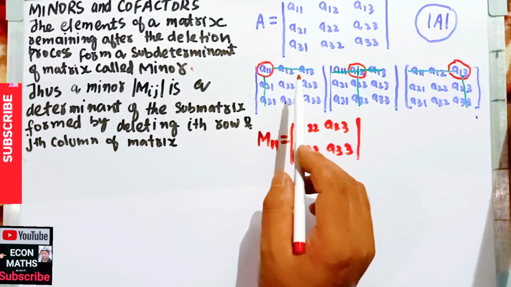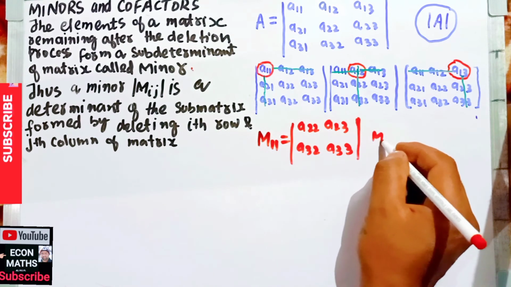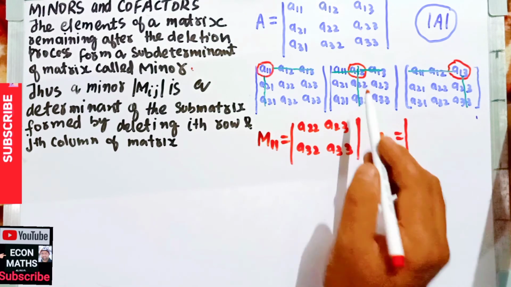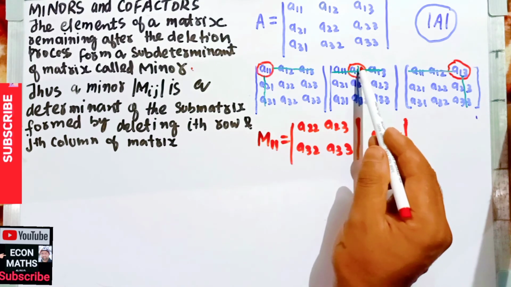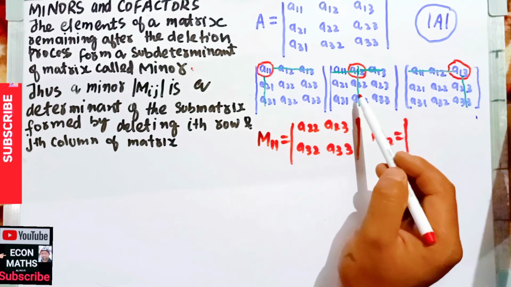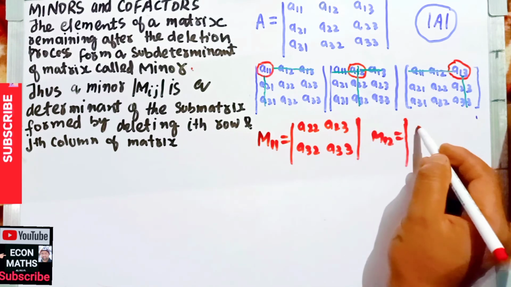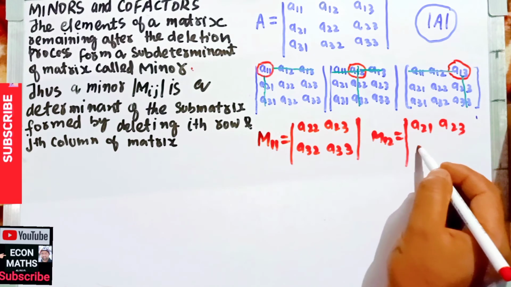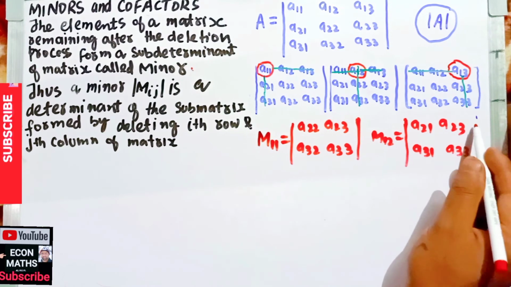Similarly, the second minor here is M12. Here we will delete the first row and second column, and the elements remaining are A21, A23, A31, and A33.